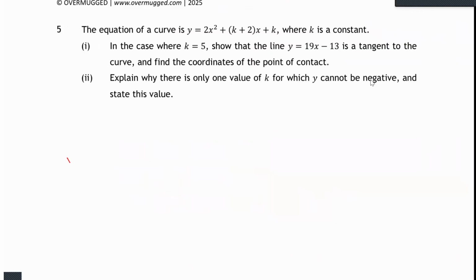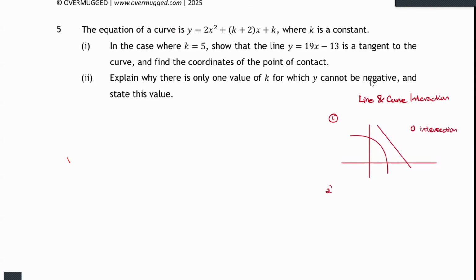Can I give a bit of context for this? Line and curve only have 3 ways that they can interact. So, line and curve interaction. Case 1, the line and the curve don't intersect, 0 intersection. Case 2 is when you have 2 intersections.